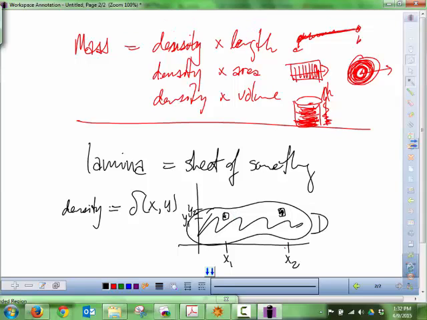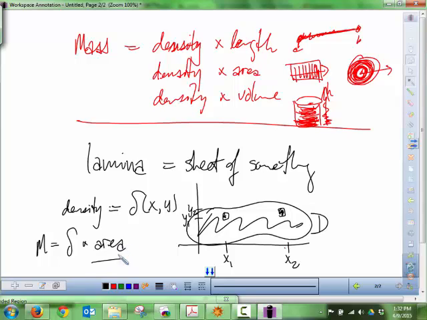What we're doing is adding up a bunch of these densities to find the mass. So the mass is equal to the density times the area.